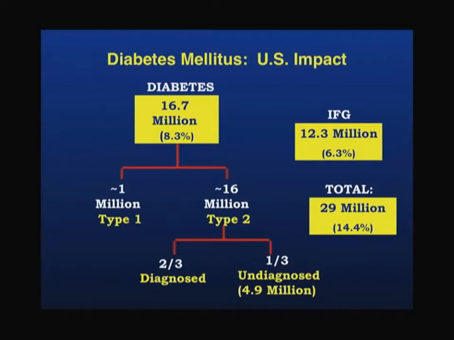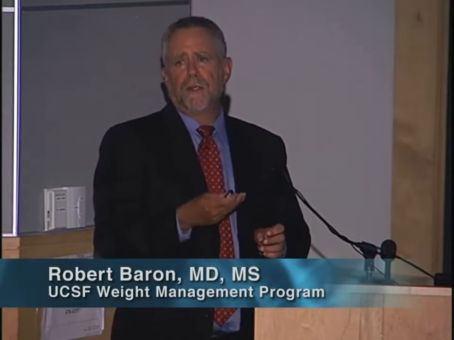The vast majority have what we call type 2 diabetes. Type 1 is the so-called juvenile onset diabetes. It's an immune disease. Those kids need to be on insulin. They get a lot of complications to their eyes and their kidneys and their nervous system.